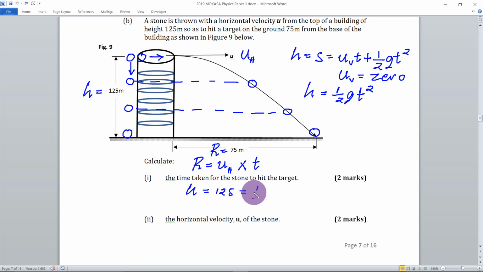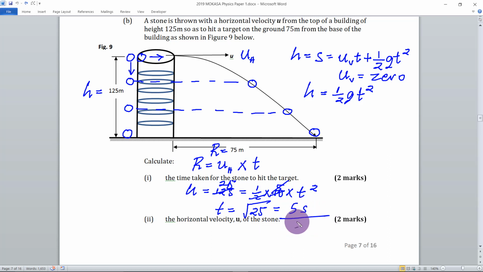It's given by a half g, we are going to take the value of 10, and then we have t squared. So here I can divide, I get 5, and I divide both sides by 5, I get 25. So t squared is going to be equal to 25. t will be equal to the square root of 25, and that is what gives us 5 seconds.